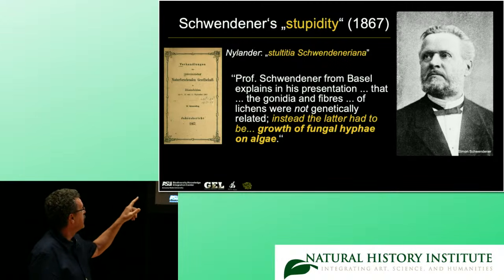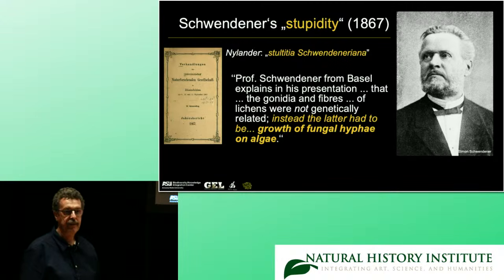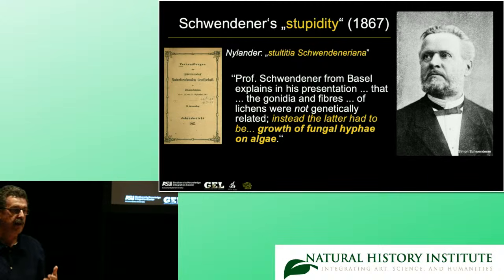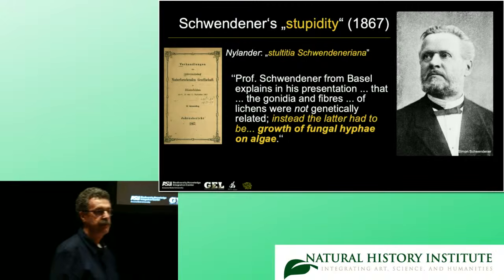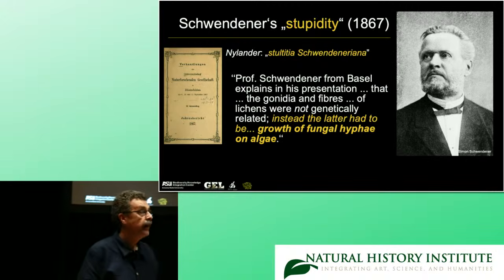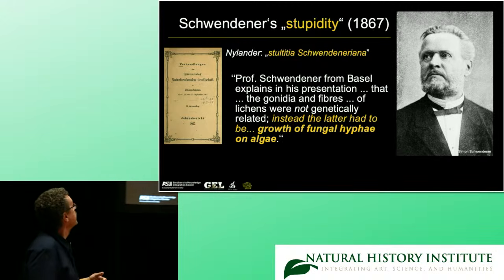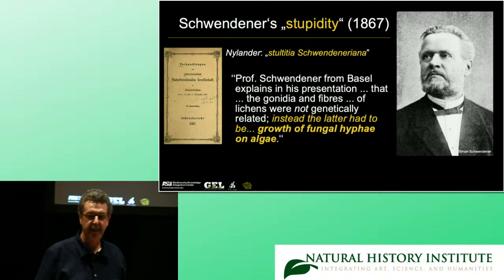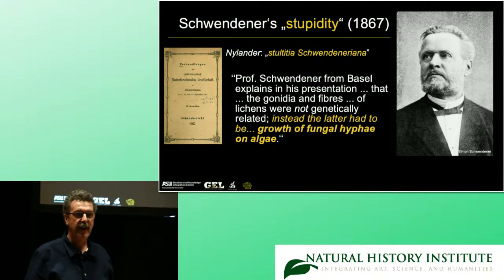Instead, the latter had to be a growth of fungal hyphae on algae. And Nylander was the expert in the field of lichens at the time, the world-renowned lichenologist. Nylander called this a stultitia schwendeneriana, a stupidity of Schwendener. He thought this guy was an idiot.